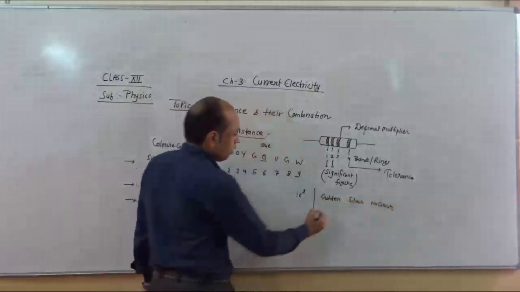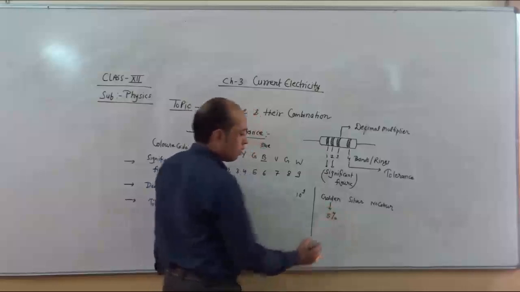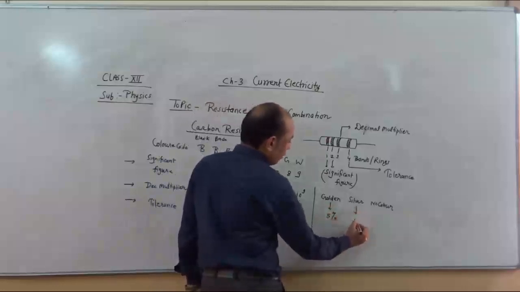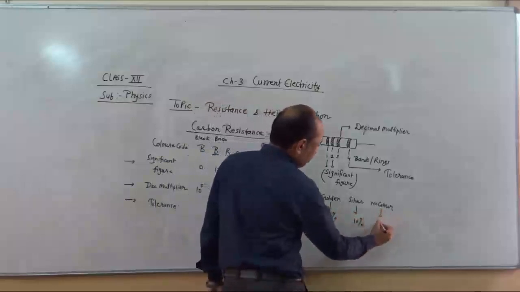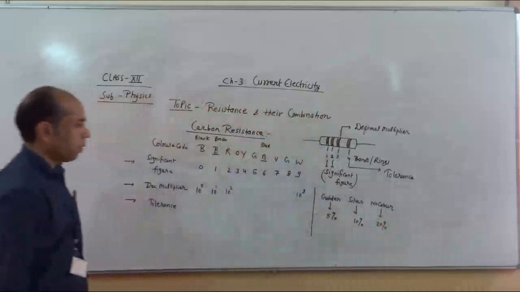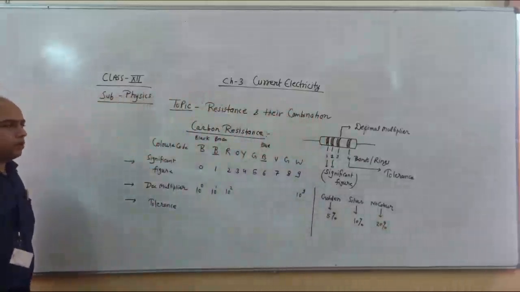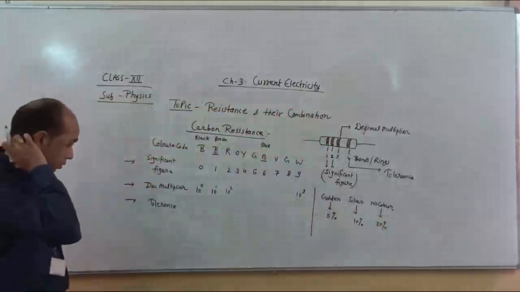For golden color the tolerance is 5%. For silver color it is 10%, and for no color it is 20%. So this is the concept to find out the resistance for carbon resistors.